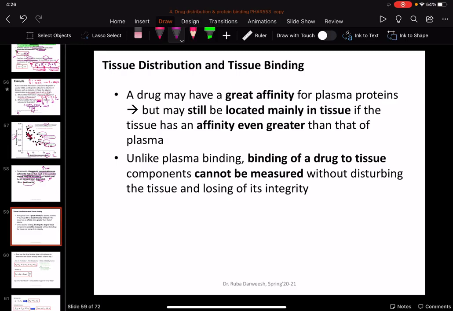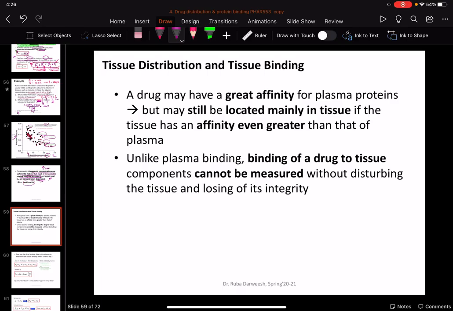For tissue distribution and tissue binding, before we were talking about plasma binding most of the time, but now we look at distribution to tissues from the tissue binding point of view.